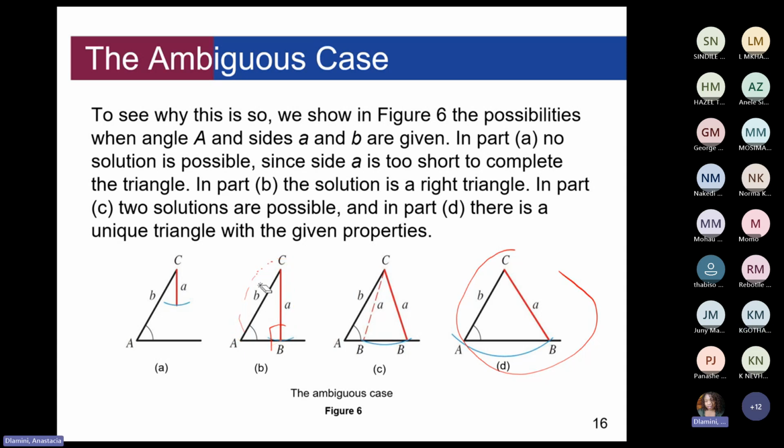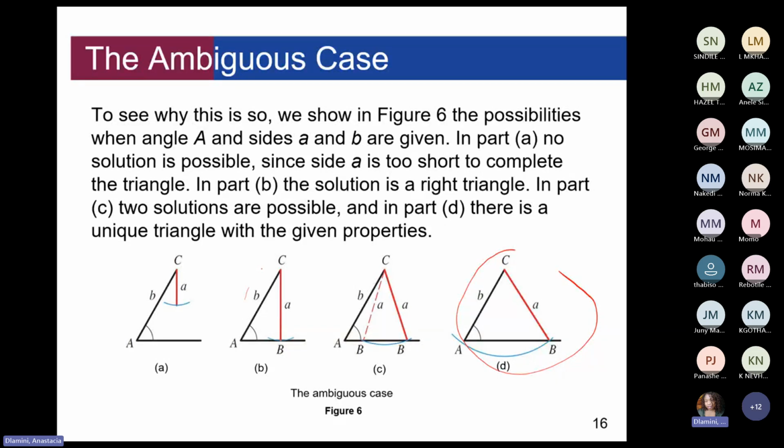Or if you draw the sides, one side can even form a right angle triangle. Or they give you a side and an angle, and then you draw it or you calculate, and you see one of the sides is short, so it can't form a triangle, so there's no solution. That's one type of an ambiguous case.